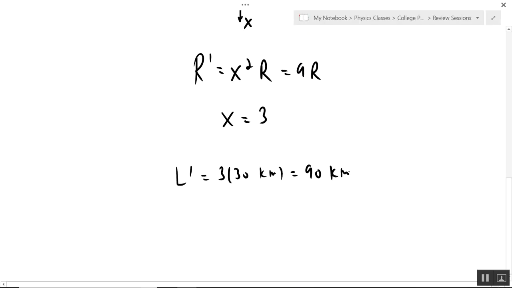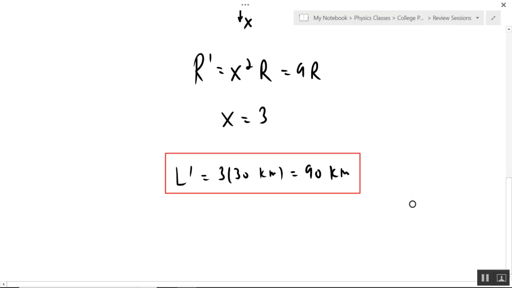So it's 90 kilometers, because if you made it 3 times longer, that would decrease the area by 3, which would make the resistance 9 times bigger, which would make the current 9 times smaller, right? Which is what's going on here. All right.